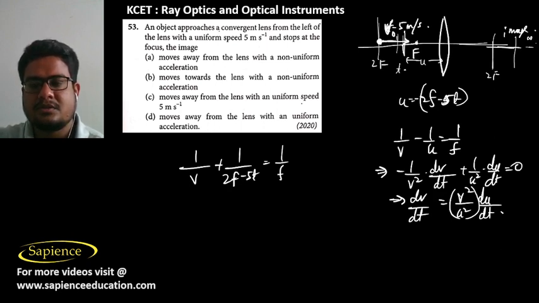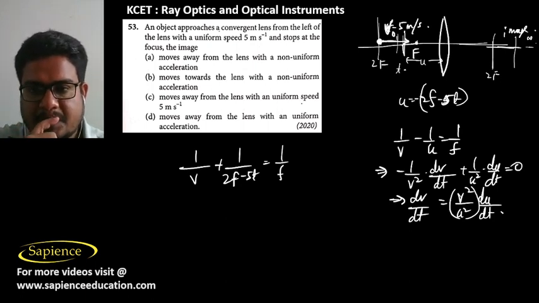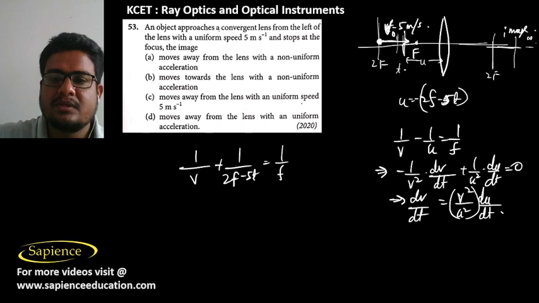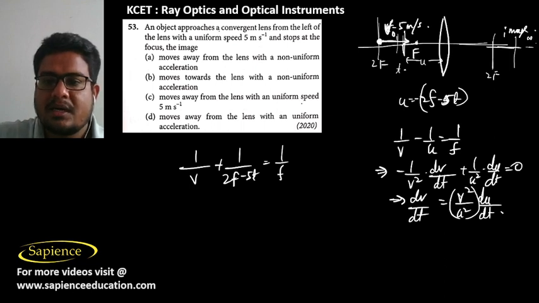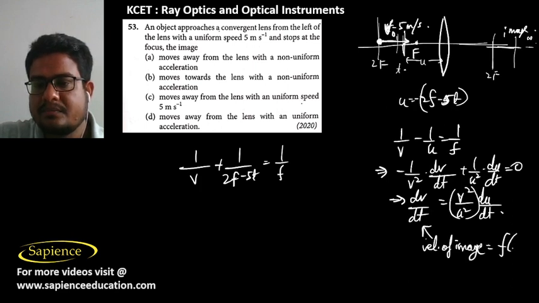So v is a function of t. V by u also will be a function of t only. It means that it will have some acceleration. It means that dv by dt, which is the velocity of the image, will be a function of time.